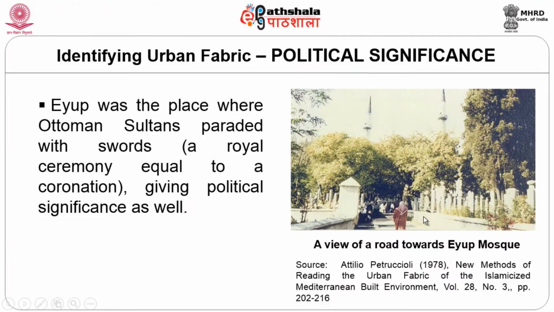Now when you look into political significance, this is a picture of Eyüp, the mosque area. When you look at this mosque, you can find a pathway which is leading to the mosque area. This pathway was once used by all the sultans who ruled the area; they used to approach the mosque in a parade.